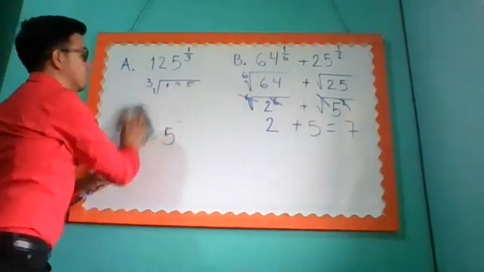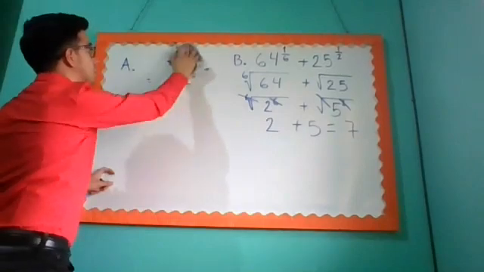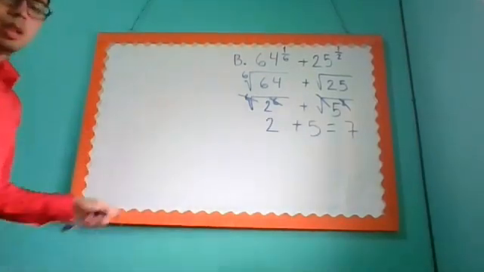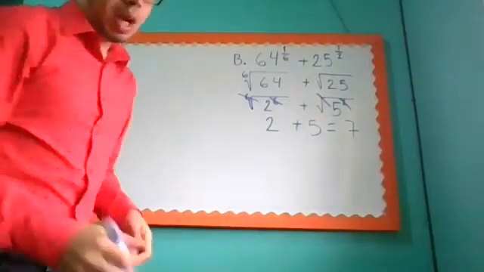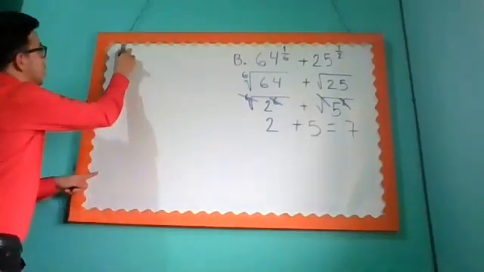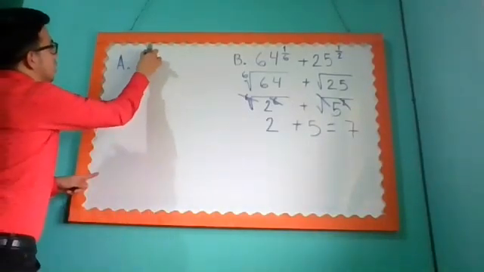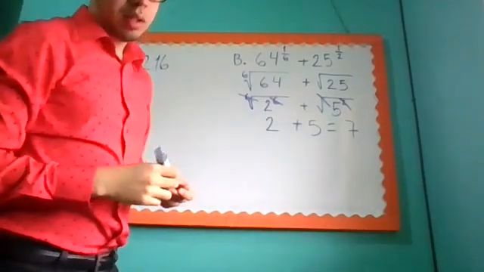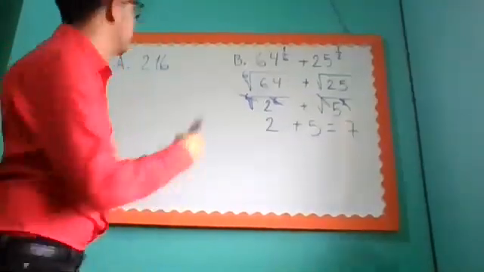I just need to erase in this part. Okay, so we have 216 to the power of 2 over 3.